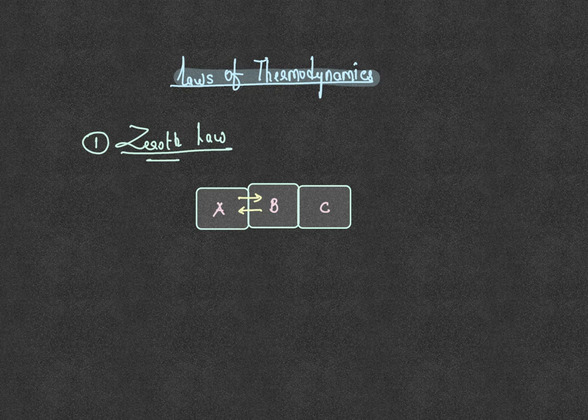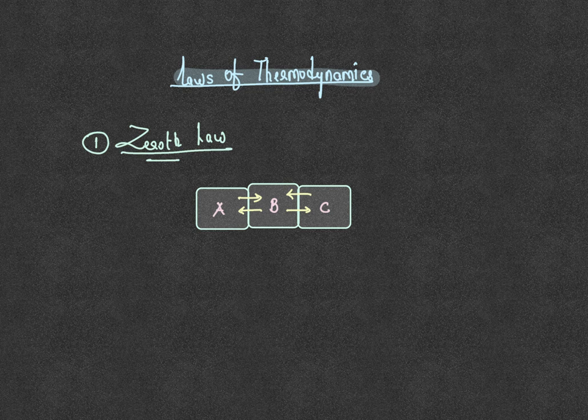So if two different bodies, here we have A and C, are simultaneously in equilibrium with a third body, which is your B, then they are in thermal equilibrium with each other as well.